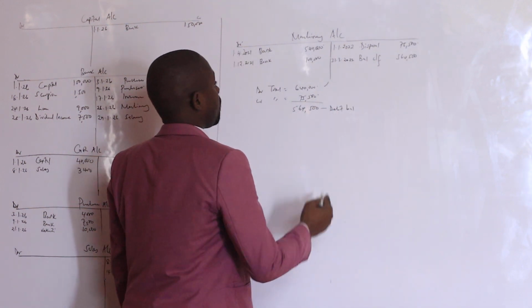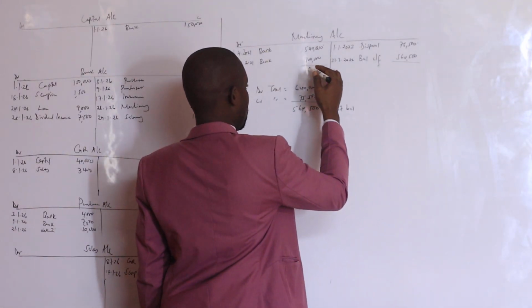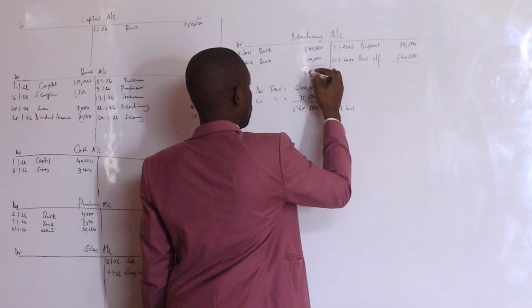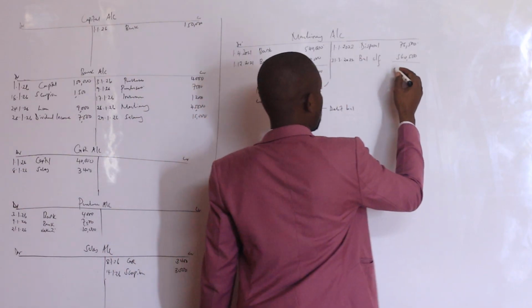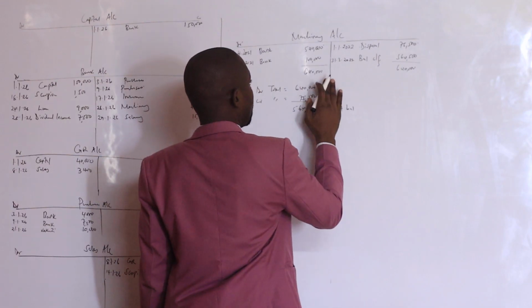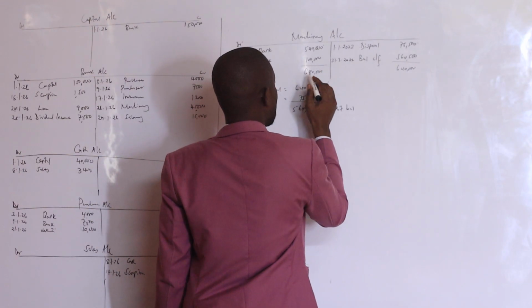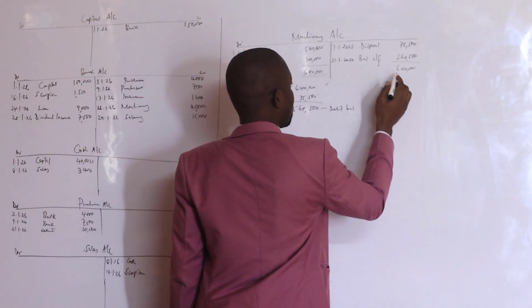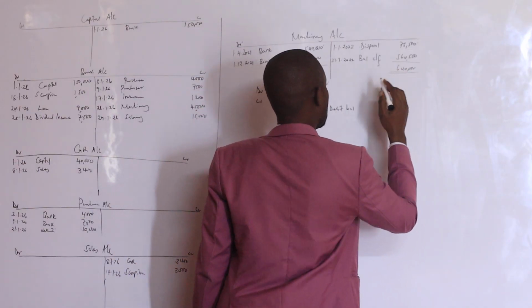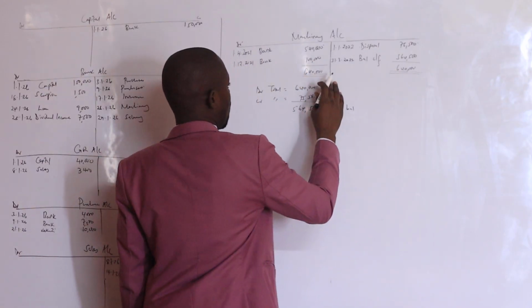After that, write totals on either side. The total was 640,000. Then ensure they are on the same line. Draw a double line on each. That double line is called footing. We are footing an account.